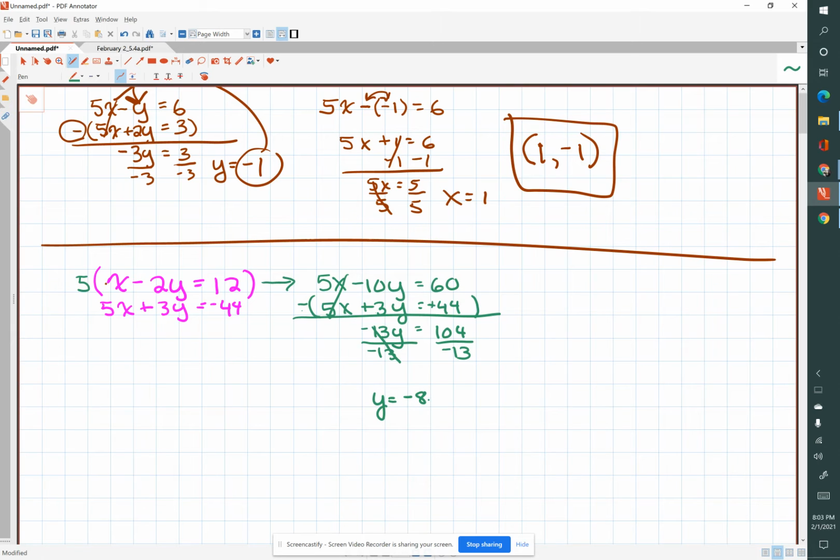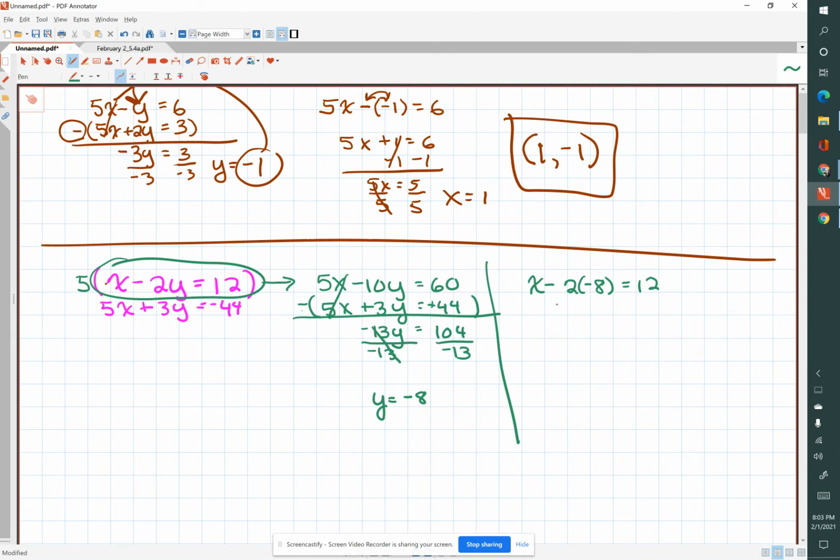Now let's take the -8, and I'm going to put the -8 in this first equation, the original equation. So when I rewrite that original equation, I have to solve for x. X minus 2 times -8 equals 12.